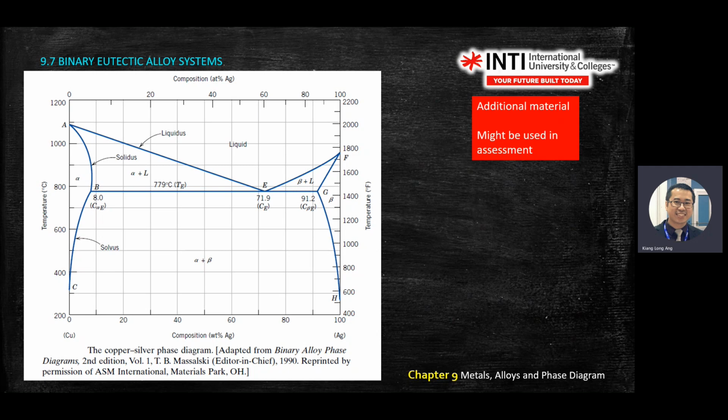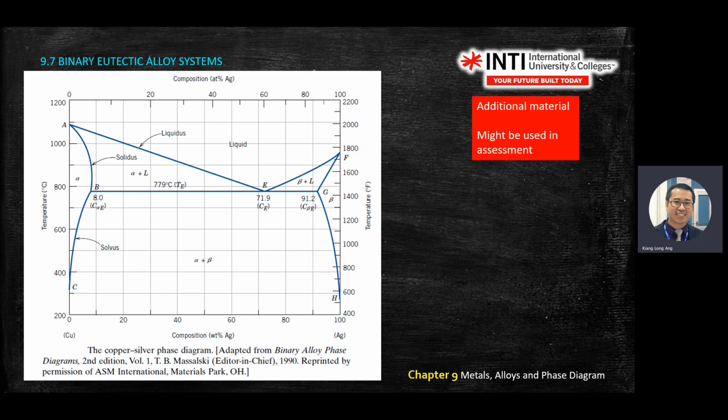So the question will mention something like, okay, write the equation of eutectic reaction. So from the graph, the temperature is what we see. Are you able to identify what is the liquid, what is alpha, what is beta, what is the weight percentage? Okay, quite standard.